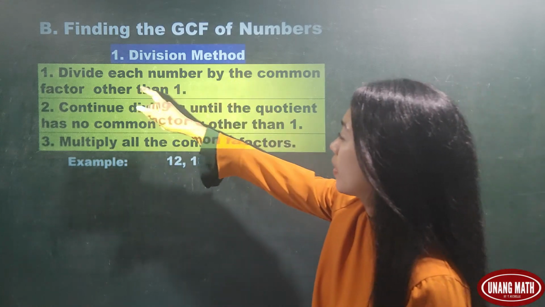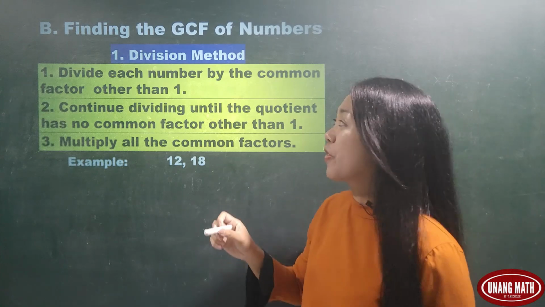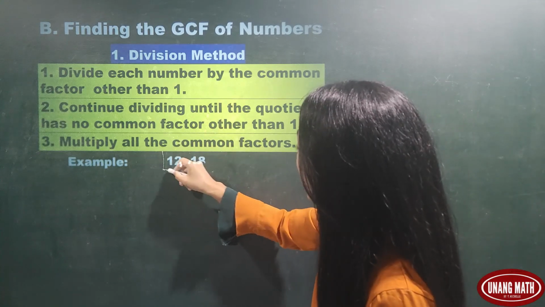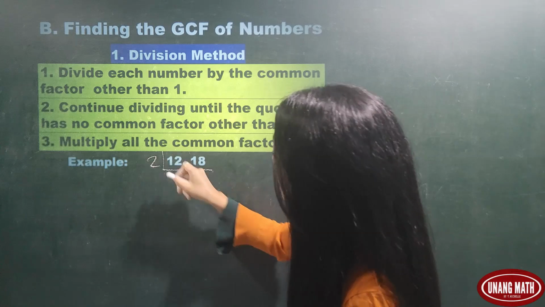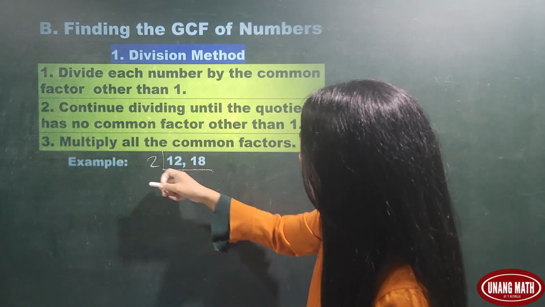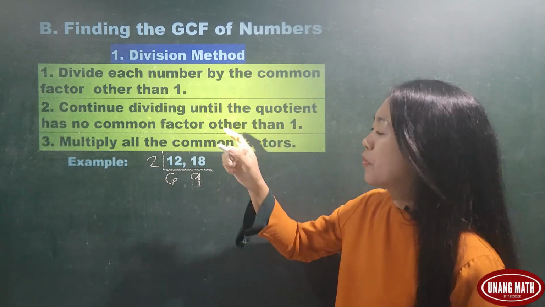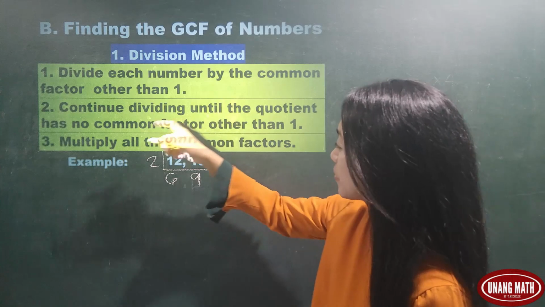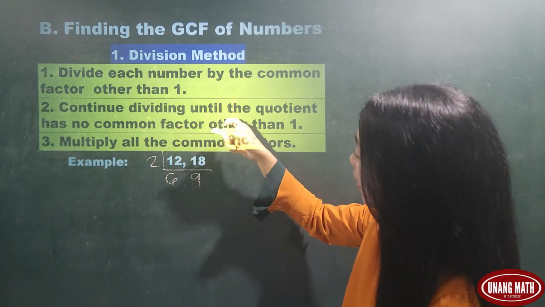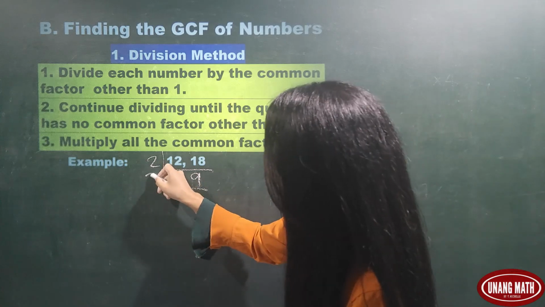First step, we will divide each number by a common factor other than 1. 12 and 18's common factor is 2. So let's divide. 12 divided by 2 is 6. 18 divided by 2 is 9. Second step, continue dividing until the quotient has no common factor other than 1. 6 and 9 have a common factor of 3.